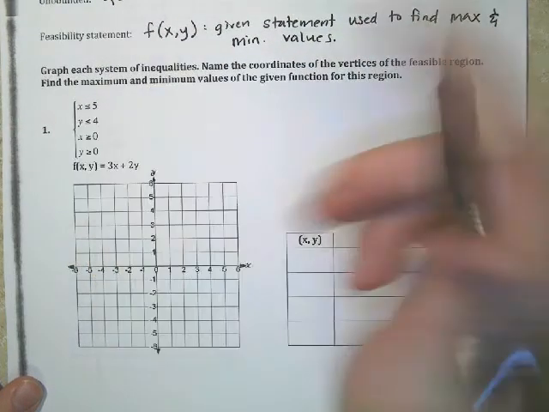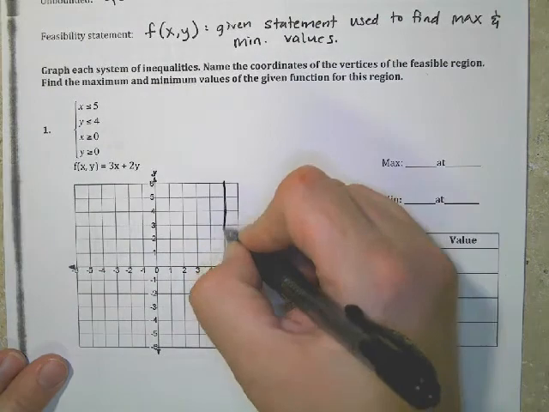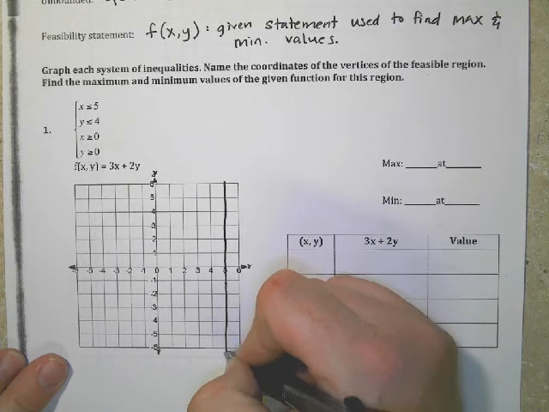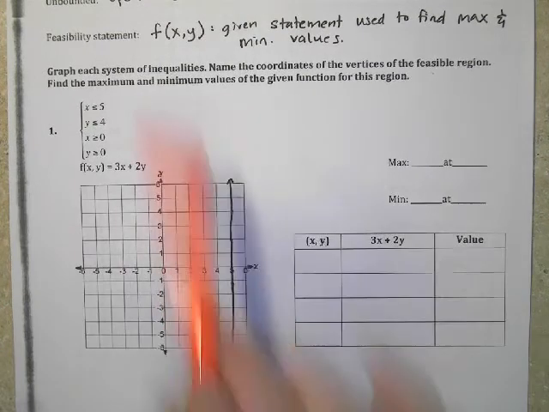So x is less than or equal to 5. That's a vertical line that goes through 5 on my x-axis. It's equal to, so it's going to go like that. And then I'm just going to shade really, really light, just to keep track.